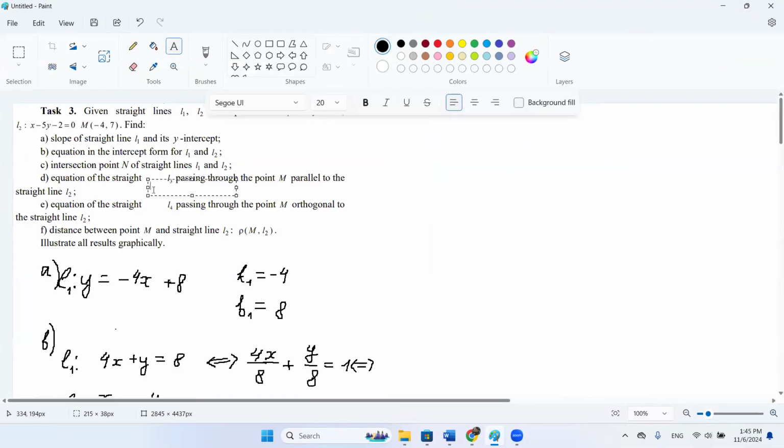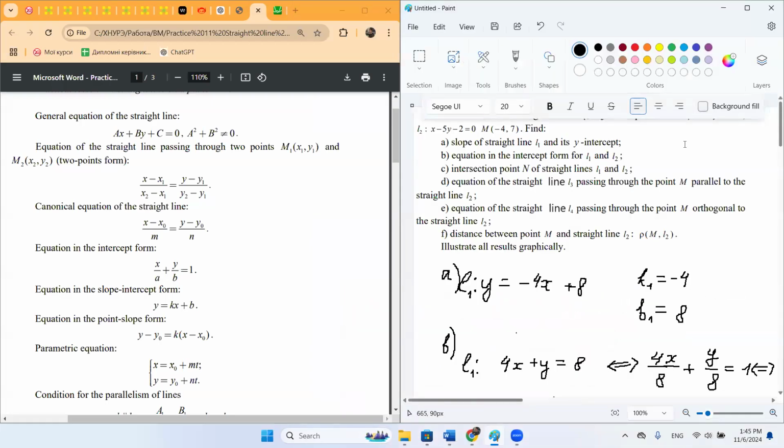Just a moment, fixing this. Line here and line here. Okay, so for now everything is correct.